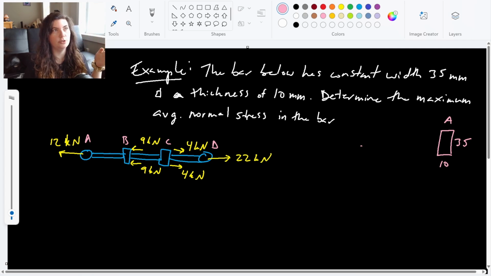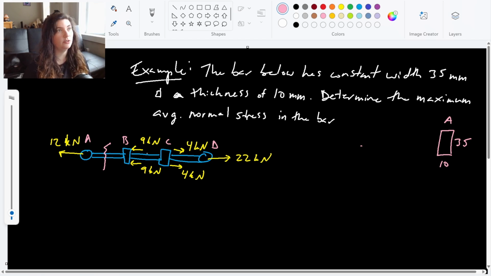Here, every time we introduce a load, whether it's at point A, B, C, D, we're changing what that normal force is in that section. So we want to find which one of these sections has the greatest average normal stress, right? So where is the maximum average normal stress occurring?